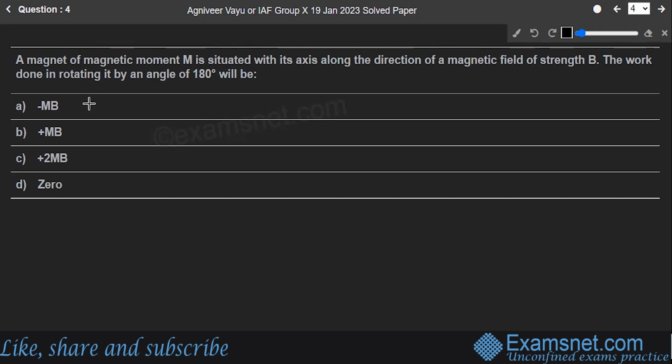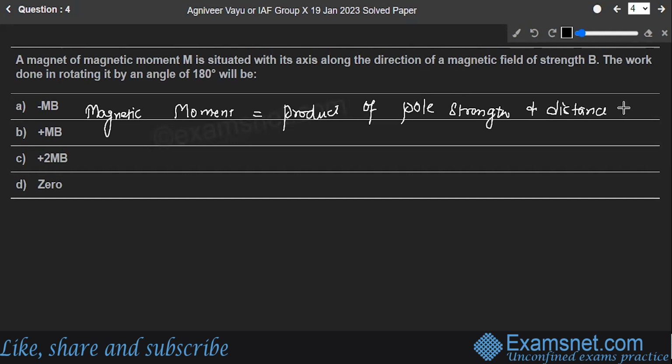And what is magnetic moment? It is the product of pole strength and distance between the poles of the magnet.